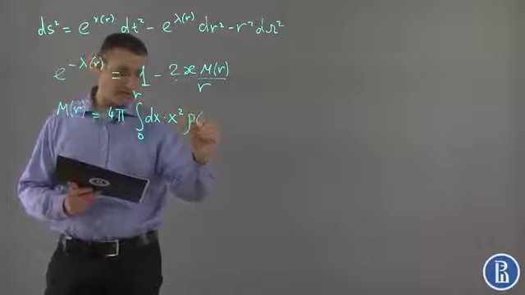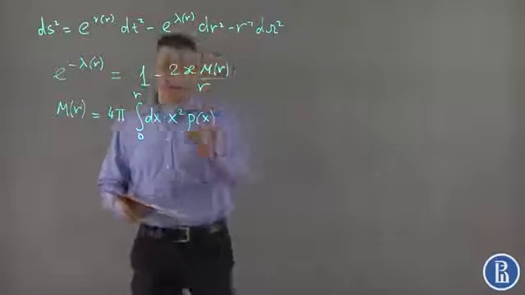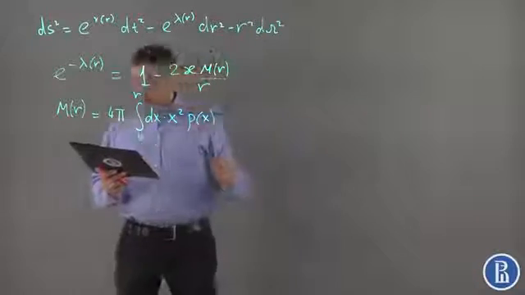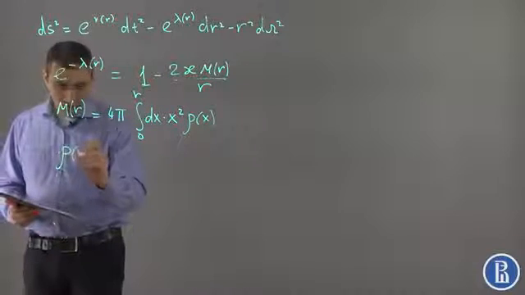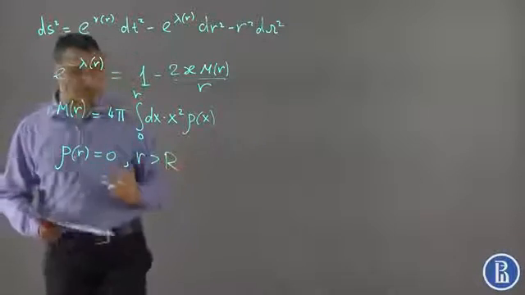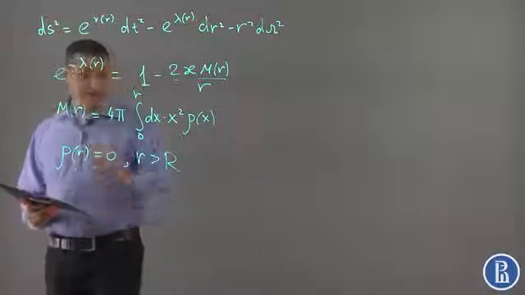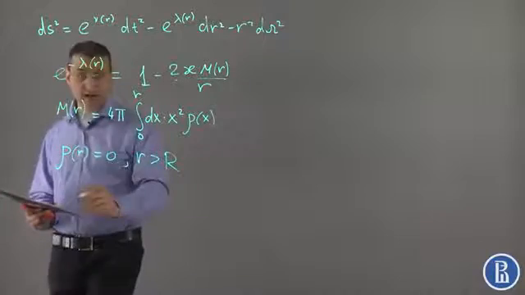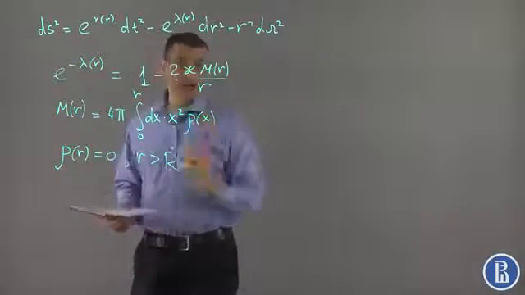And to derive this, we have used the fact that ρ is a function of r only. Obviously ρ(r) is equal to 0 for r greater than the radius of the star. As a result, we obtain that outside of the star, this part of the metric is reduced to the Schwarzschild one.